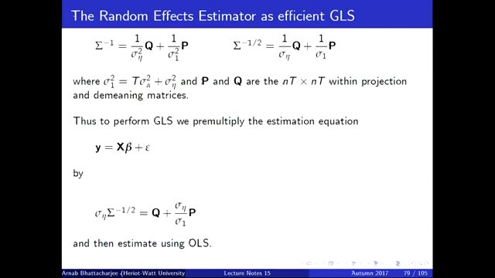So how do we now do GLS? What we are going to do is pre-multiply the estimating equation by this, and then estimate using ordinary least squares. What is the crucial element here? This one.